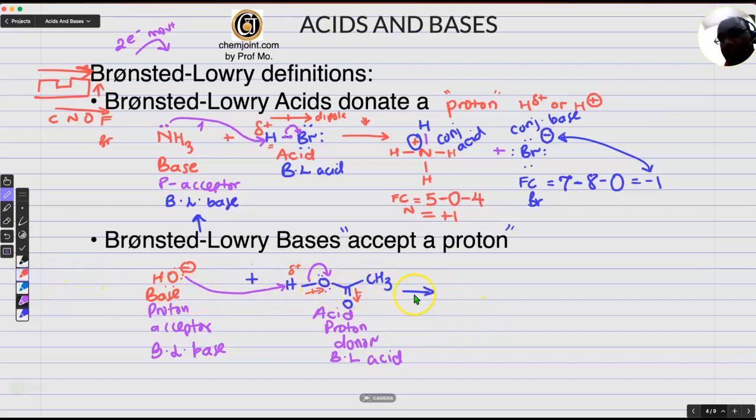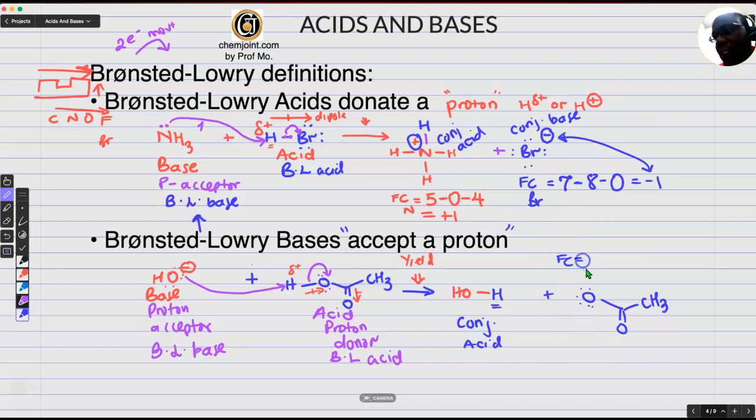But what do you get from this? So these are the reactants reacting to yield products. One of the products is where the OH is now bonded to the hydrogen that was stolen. That is water basically. So this is going to play the role of a conjugate acid because it came from the parent base. And then you will have this oxygen minus the hydrogen it gave out.